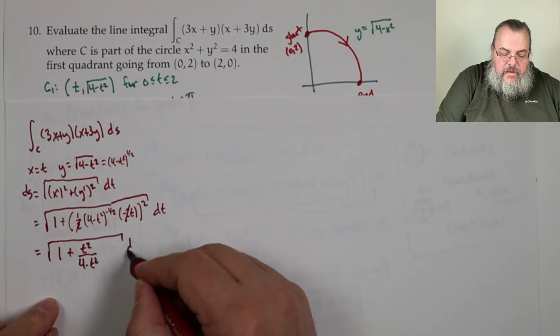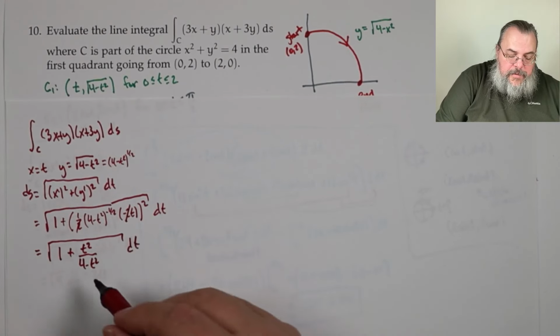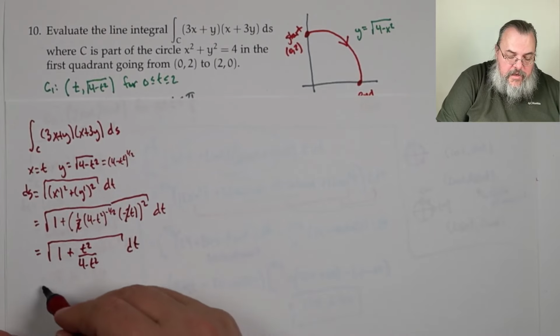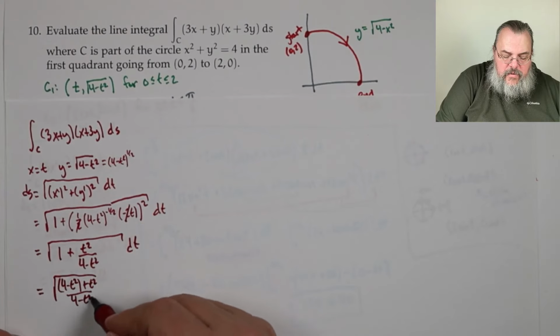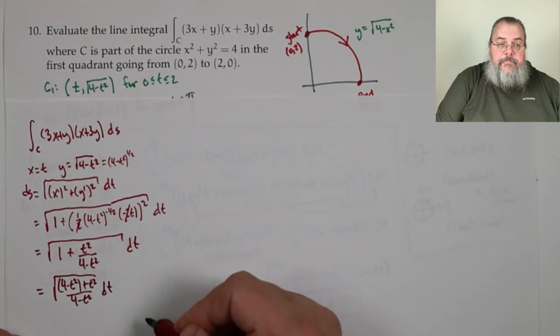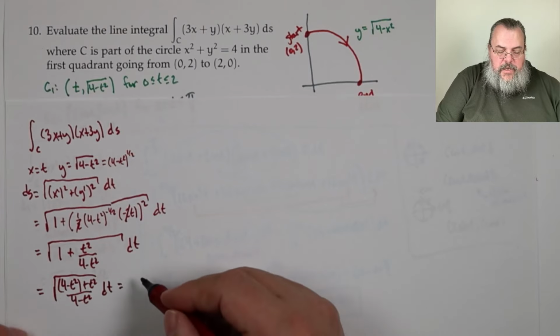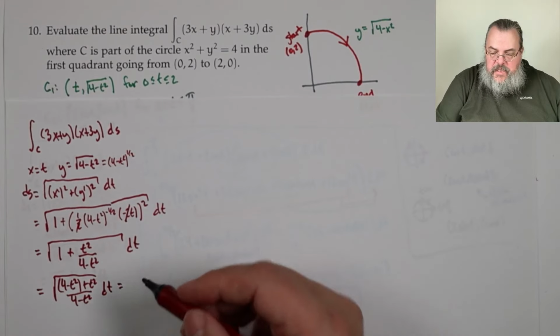Okay, so that's good. Well, common denominator would be 4 minus t squared. So this becomes the square root of 4 minus t squared plus t squared over 4 minus t squared dt, which upstairs you get t squareds canceling.